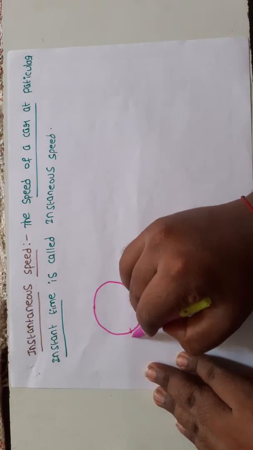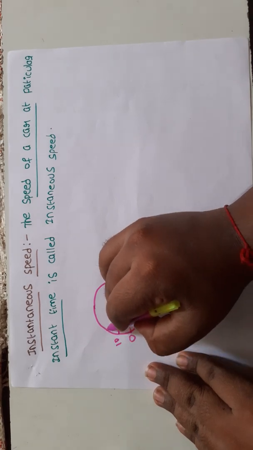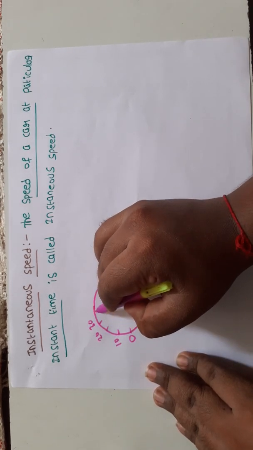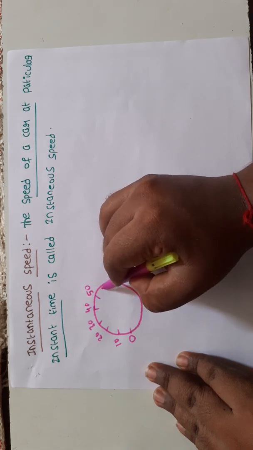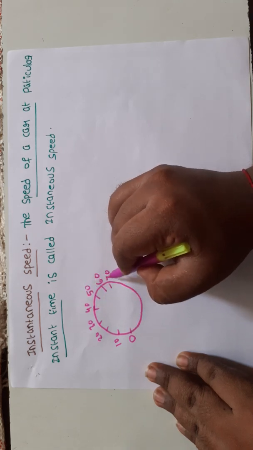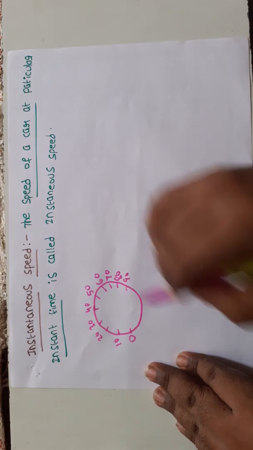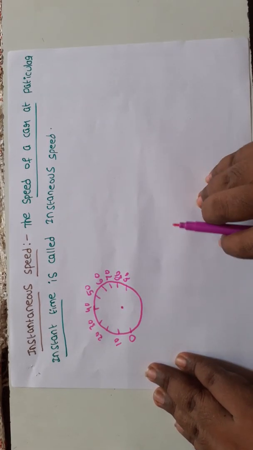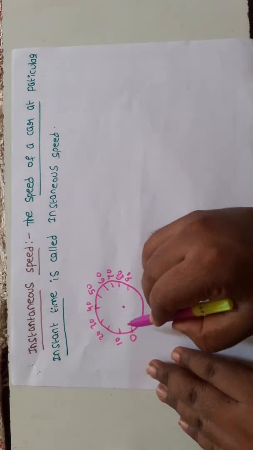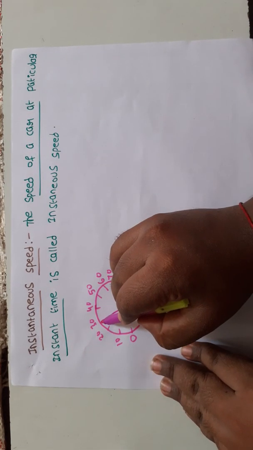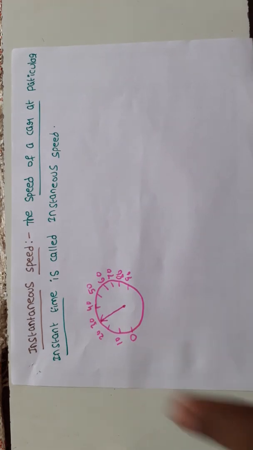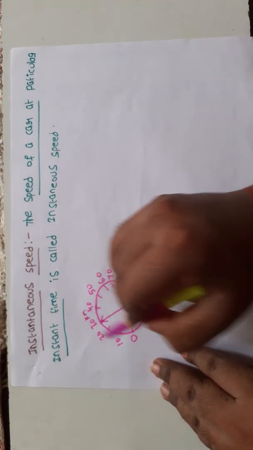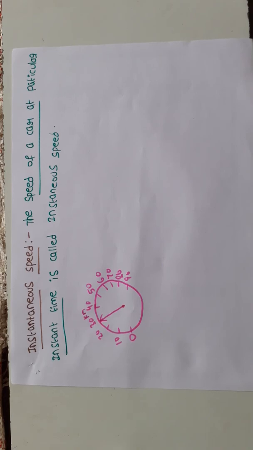It has values 0, 10, 20, 30, 40, 50, 60, 70, 80, 90, etc. At a particular time, if the needle shows 30 kilometers, the instantaneous speed of that vehicle is 30 kilometers per hour.